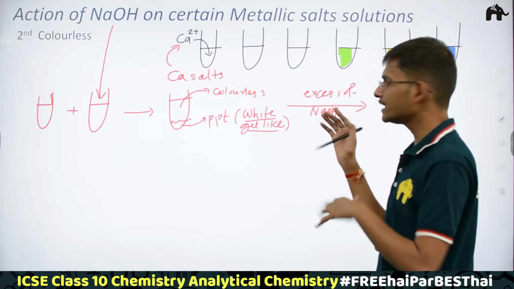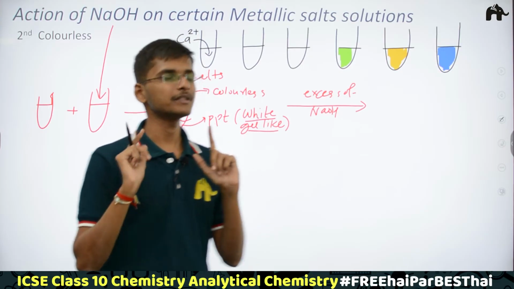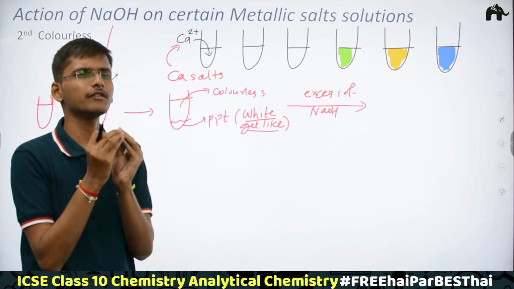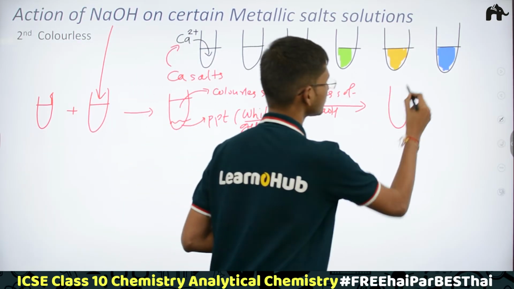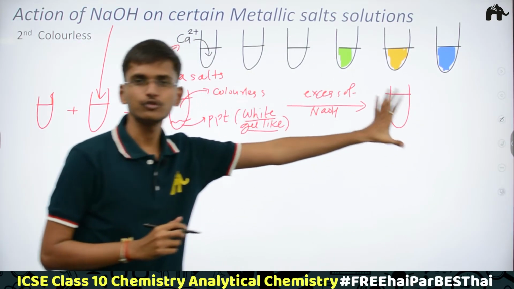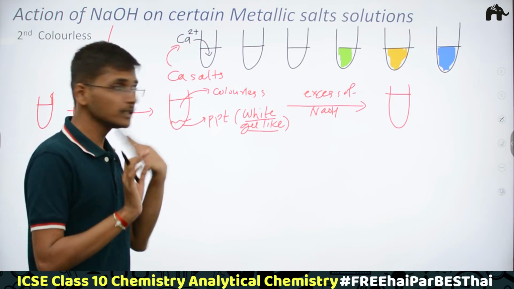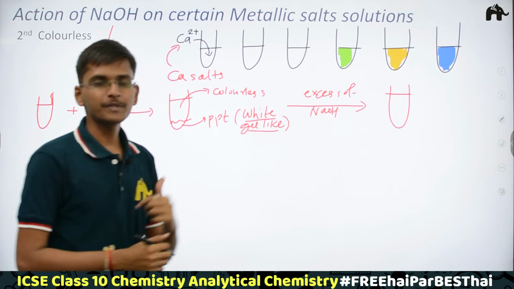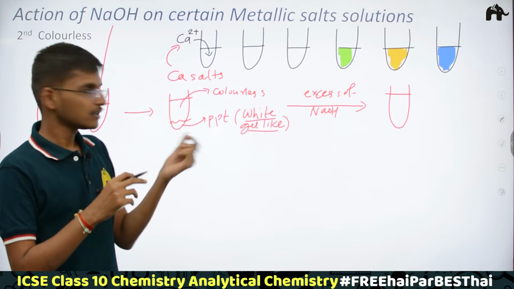What is happening when we add NaOH solution into this solution in more amounts? Magic happens. The first time the magic happened very slightly, but now you would see complete magic. You would get a colorless solution. This white precipitate has vanished. Where did this white precipitate go?